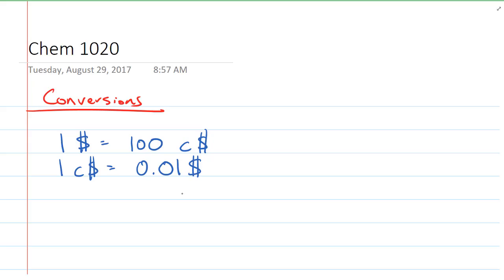So if we apply these now to some metric units, let's say that we had 1 meter, and we'd like to know how many centimeters there are. 100. Just like there's 100 centidollars, or 100 cents, in $1, there's 100 centimeters in 1 meter.